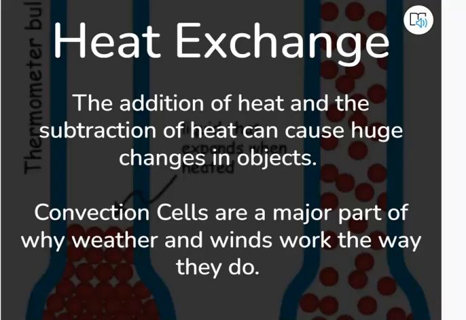We're going to talk today about heat exchange and how heating something up can cause objects to expand, and how cooling things off can cause a lot of objects to contract. A lot of this should be very familiar to us because as we looked at the molecules of a solid, say ice, and we added heat to it, those molecules did expand and they got further apart and it turned into a liquid.